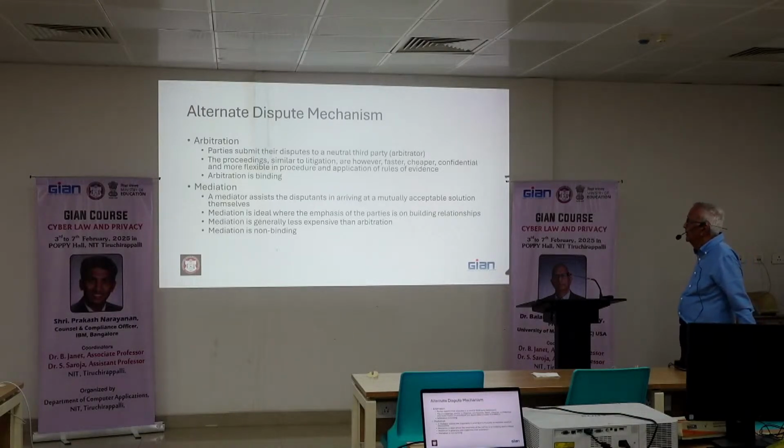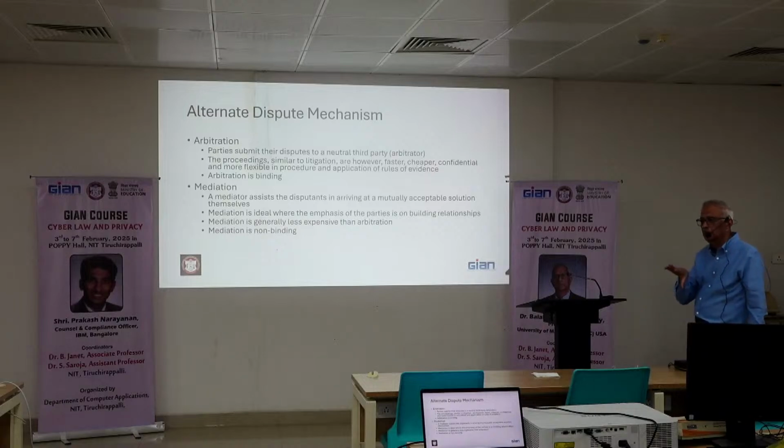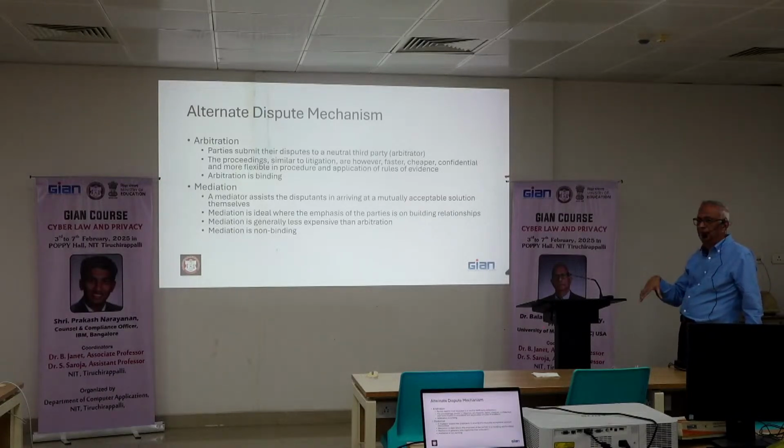In arbitration, parties submit their dispute to a neutral third party arbitrator. The proceedings are similar to litigation, but less formal. There's no stress involved, and no formal voting or anything like that. It's much gentler. Each side presents their case, and the arbitrator decides who is at fault, how much they have to pay, what the compensation is.